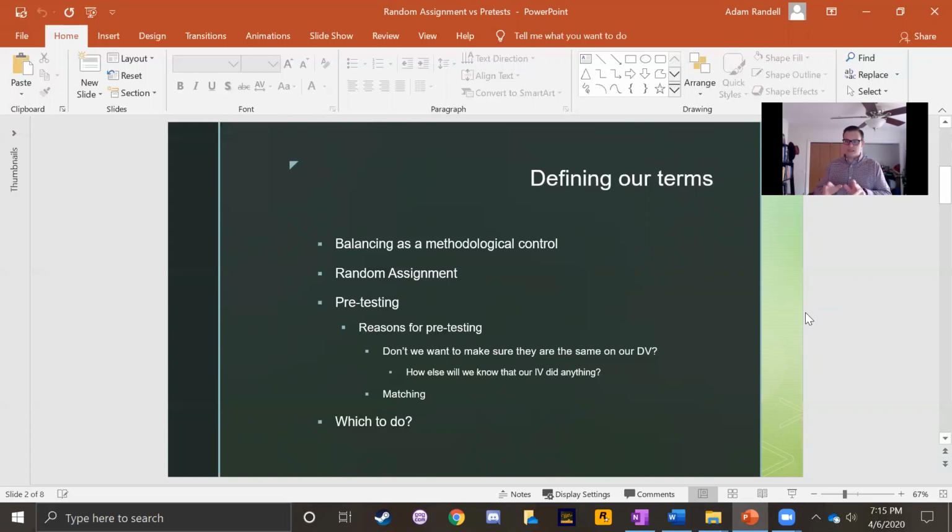And so balancing is a method of making sure that the individual differences, the subject variables of the participants in all of my groups, are equivalent. In the example I give you, there are two conditions, a control no rejection condition and an experimental rejection condition. But if I had three conditions, 4, 5, whatever, I want to make sure that the individual differences of the participants in my conditions are equivalent.